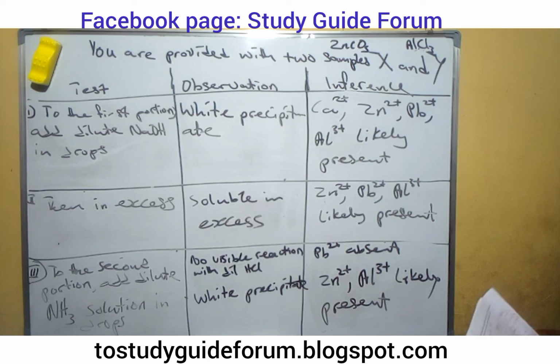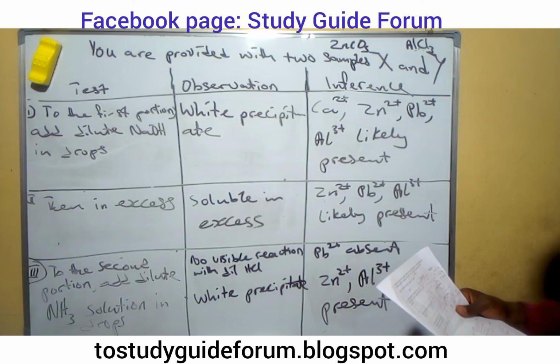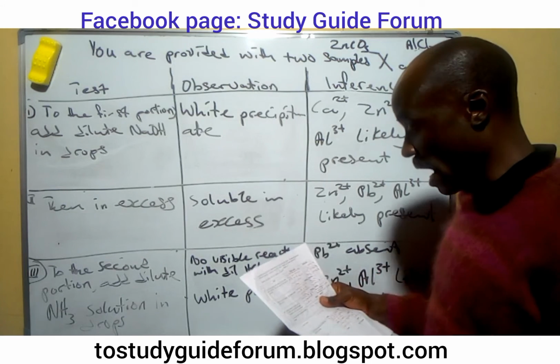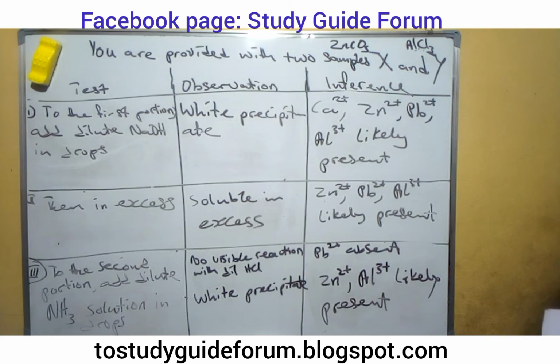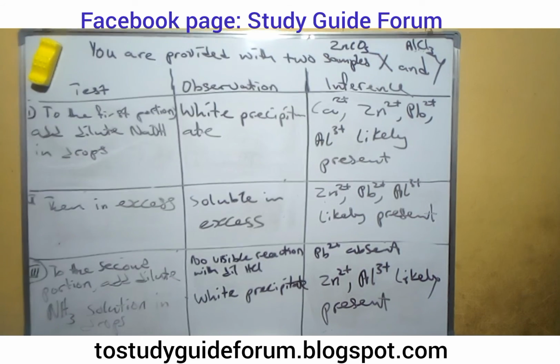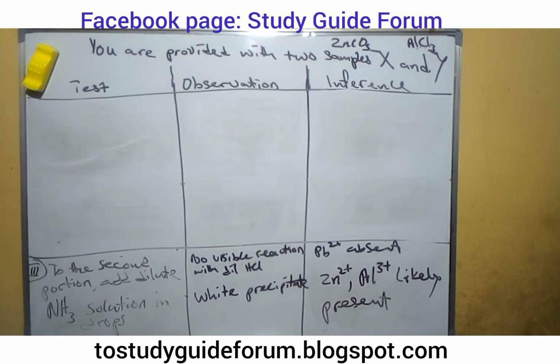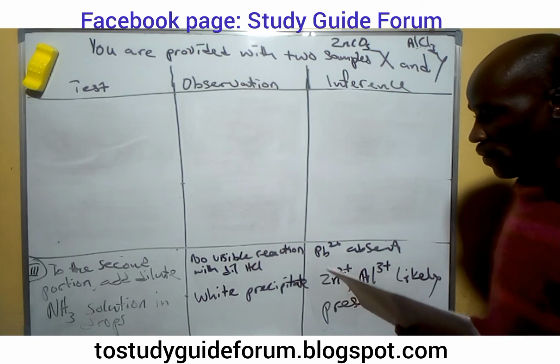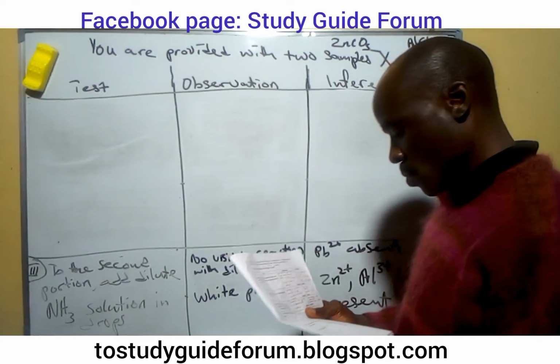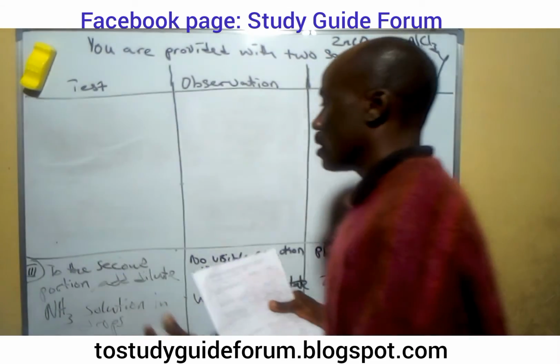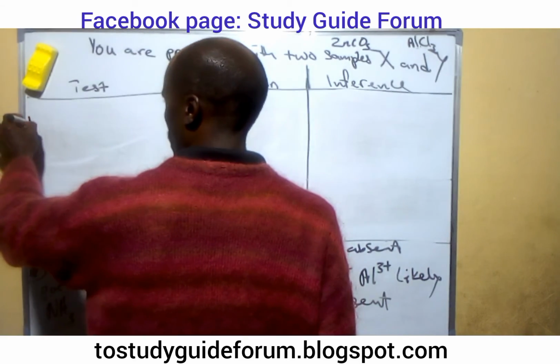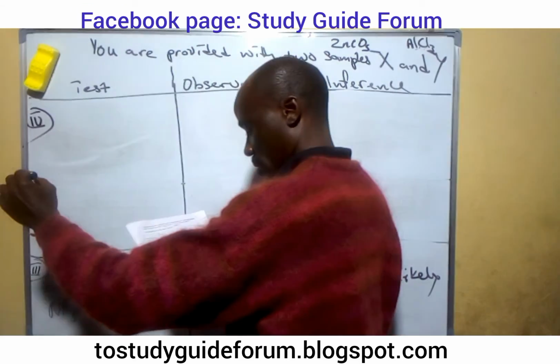So the next one we're going to do here is the fourth test, where we'll add in excess. Adding in excess now, excess of ammonium solution.